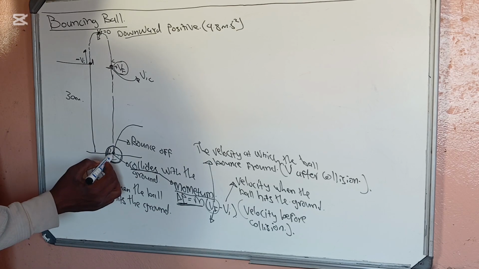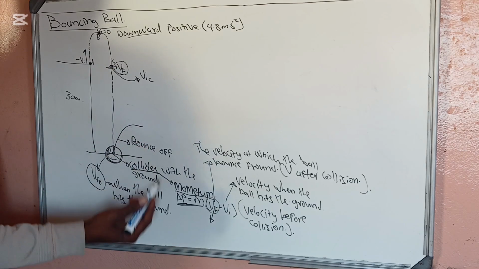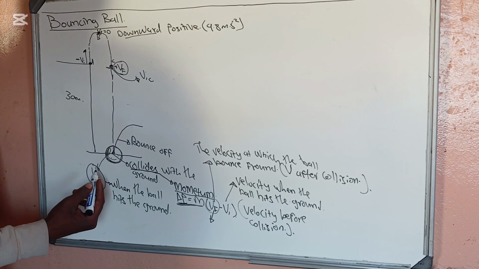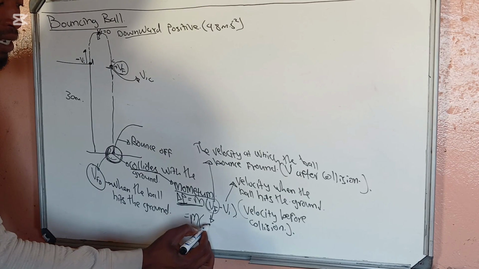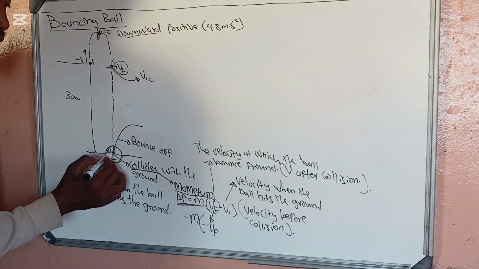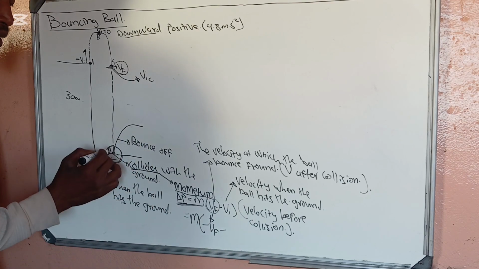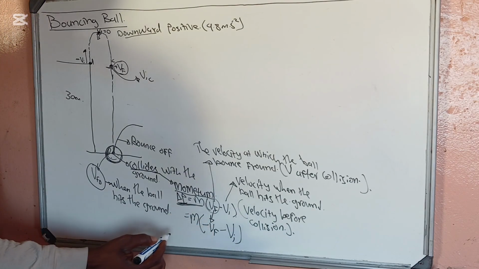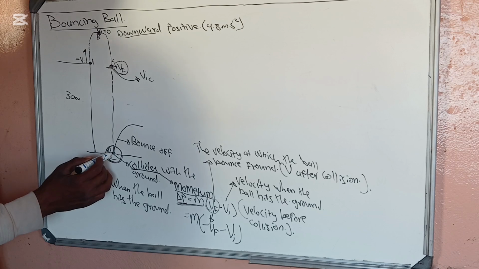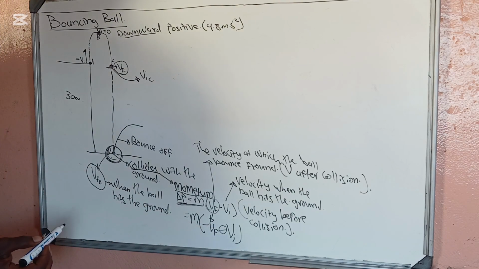Negative, but the initial velocity will be positive, because initially the ball was going down, and then after the bounce it is going up. Now you are going to have m into negative vf, because now the final velocity is when the ball bounces off, minus then your initial velocity vi, because initial velocity is positive because it was going down. Then this is just the negative from the formula.